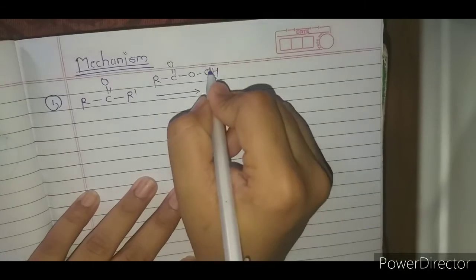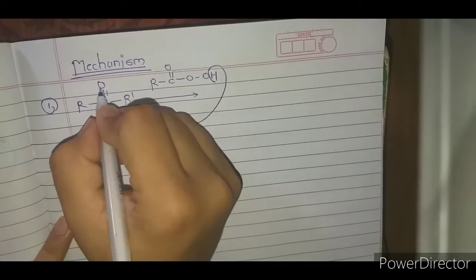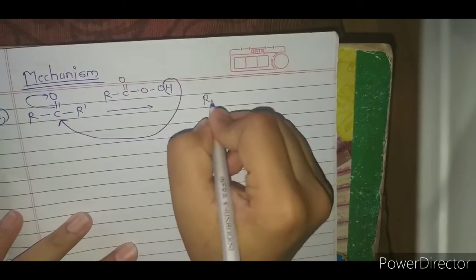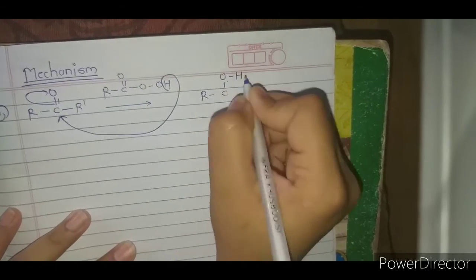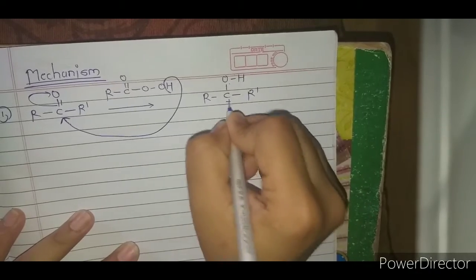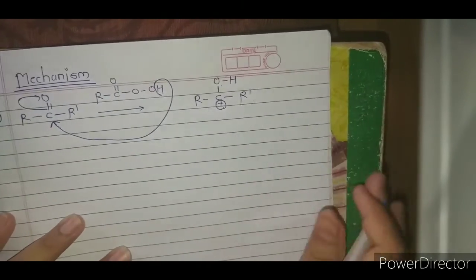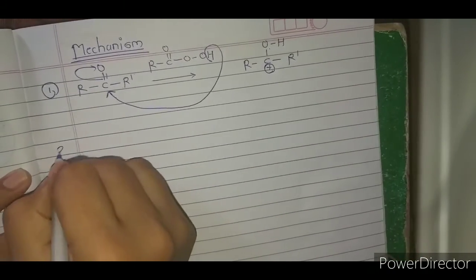So this proton of per acid attacks on carbonyl carbon and pi bond breaks here and it forms protonated ketone. Okay.